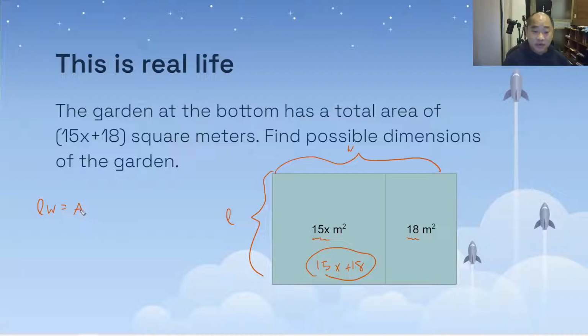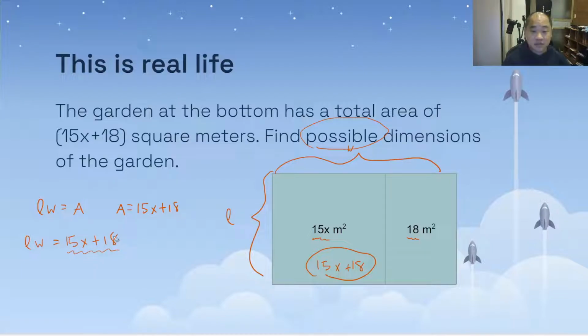And we know that the whole area is equal to 15x plus 18. So we can substitute this, right? We can put this 15x plus 18 over here. So length times width equals 15x plus 18. So we want to find what times what equals this. And we want just a possible dimension because there's a lot of possible answers. What we can do is factor this out.